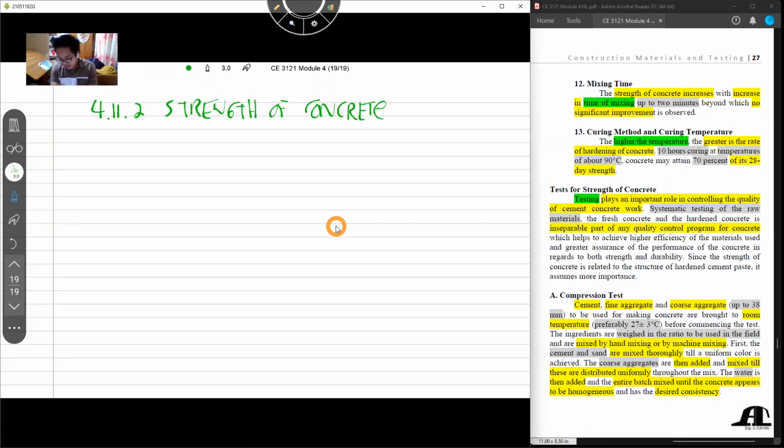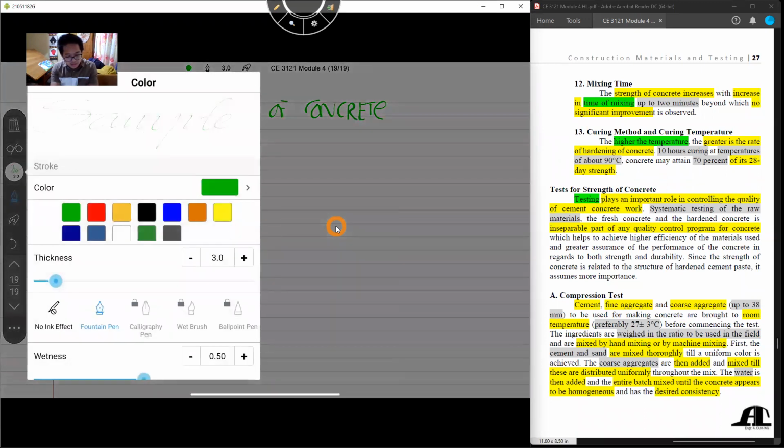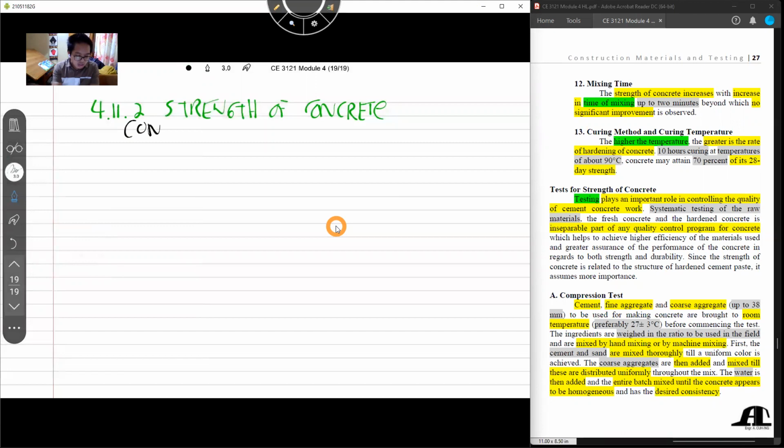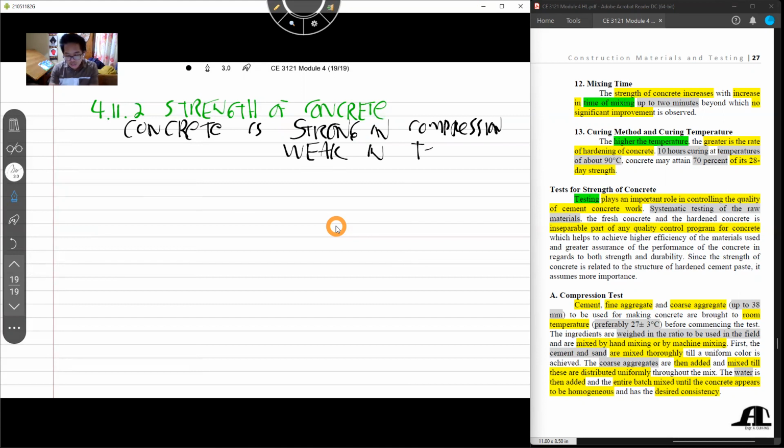Only one thing we want to know here, class: it should be known that concrete is strong in compression but weak in tension. Again, class, what is strong in tension is steel. That is why we have reinforced concrete. The weakness of concrete, class, is where steel comes in.